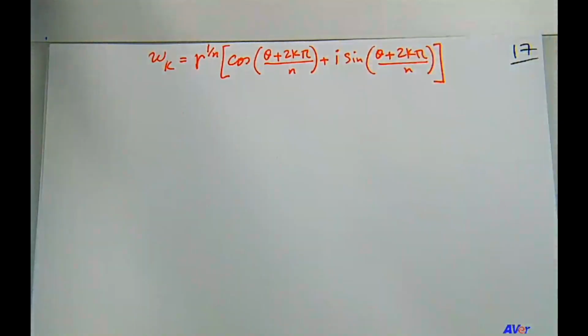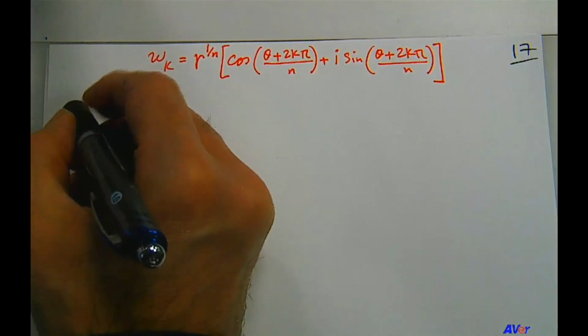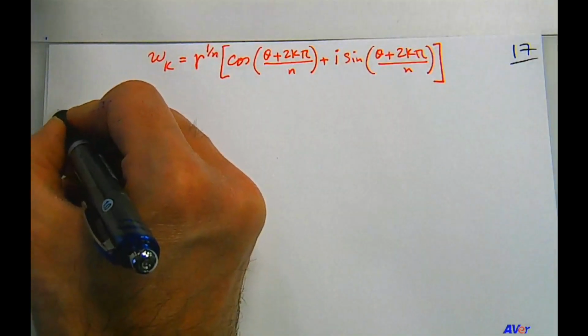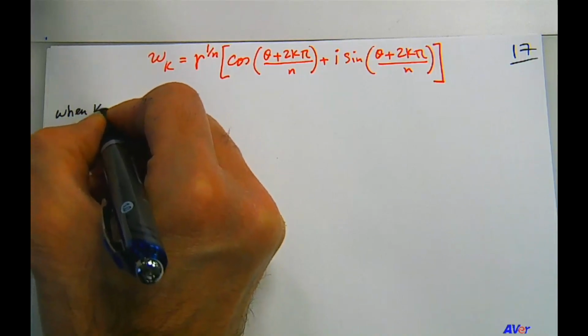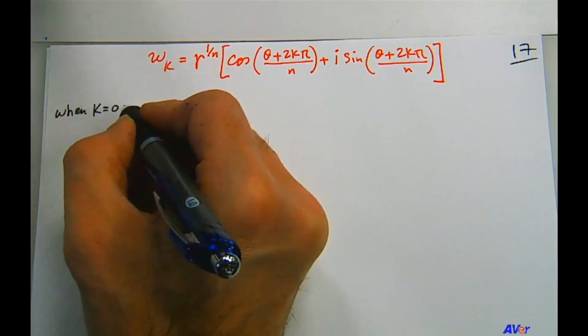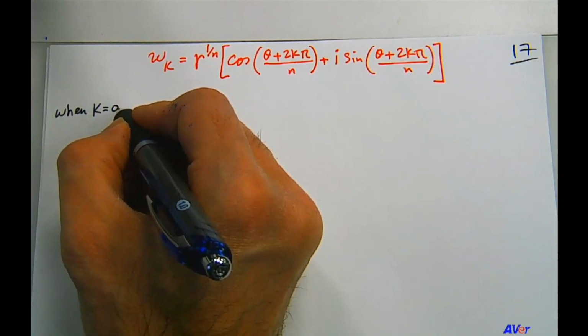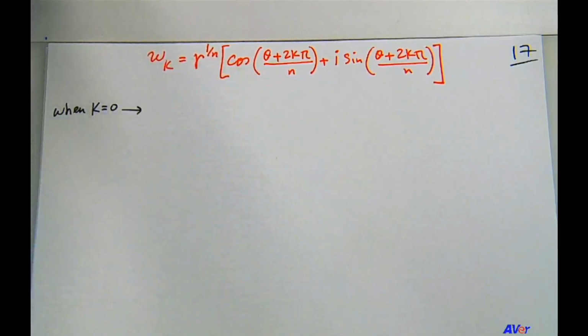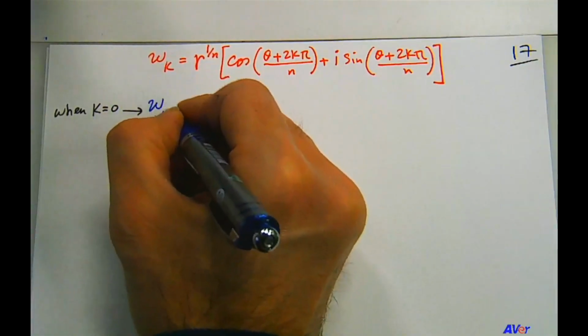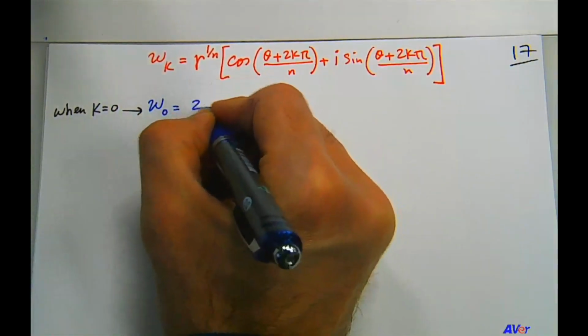So that's our formula. Now applying it when k equals 0, W_0 equals 2, remember?